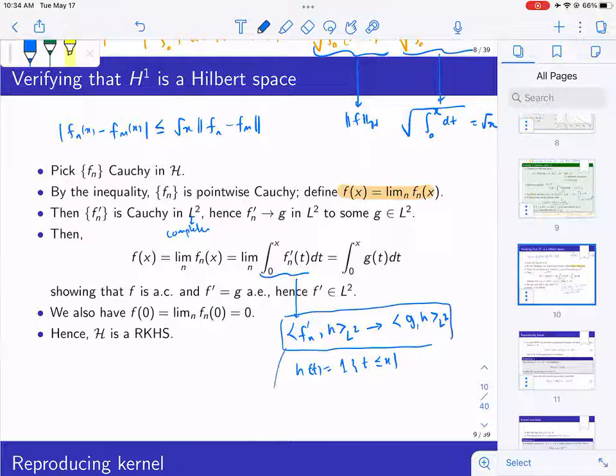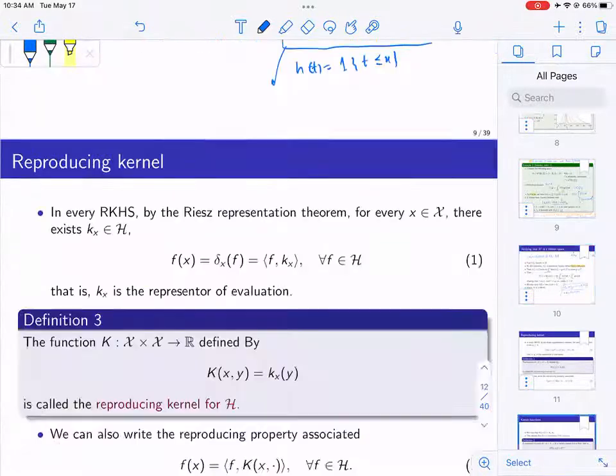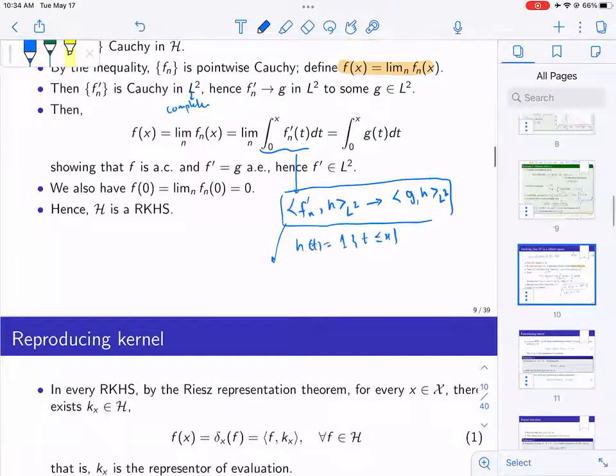Because fn prime converges to g in L2, this holds if this thing is a bounded, continuous linear functional in L2. But this is always the case.